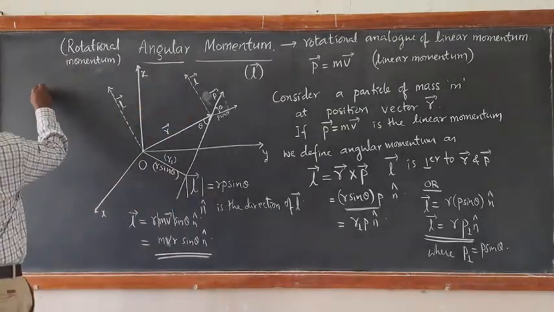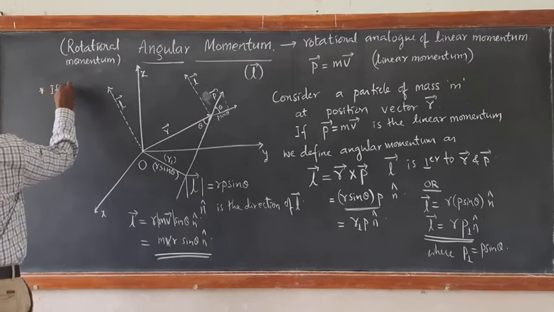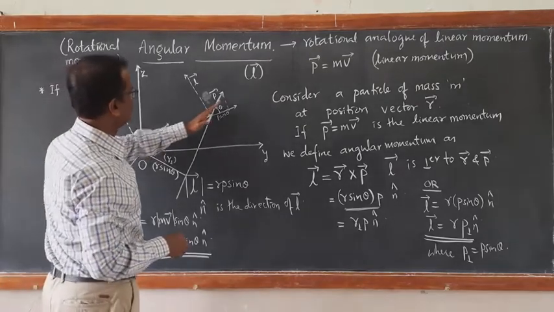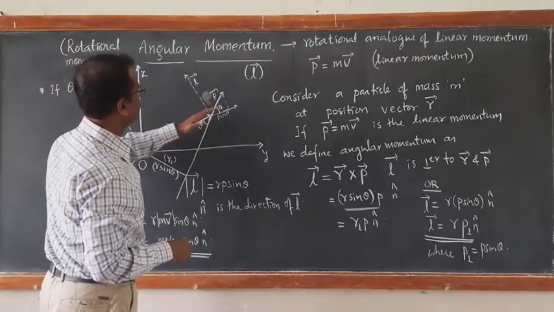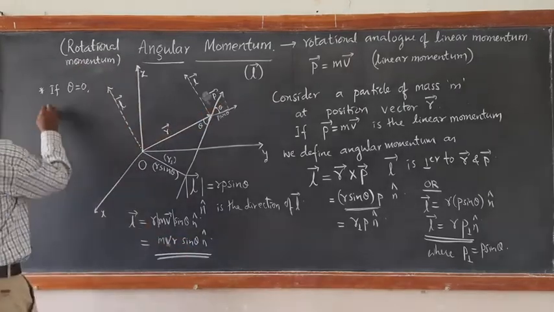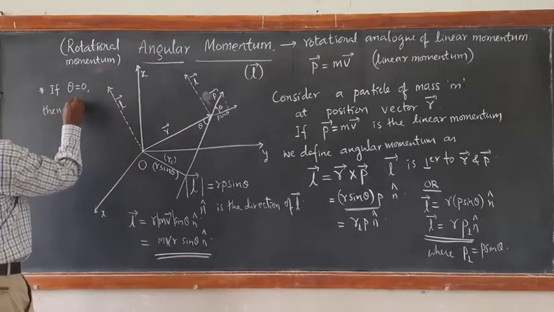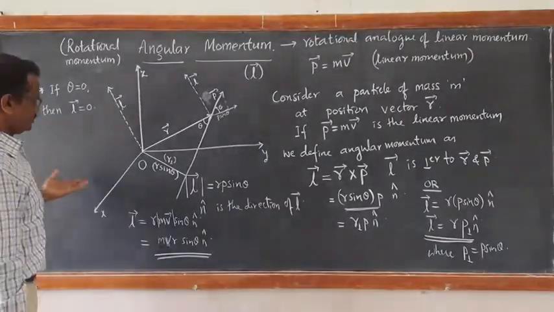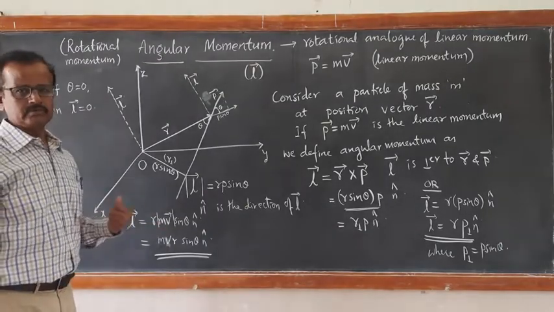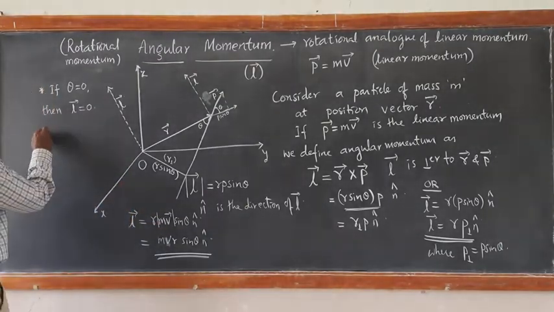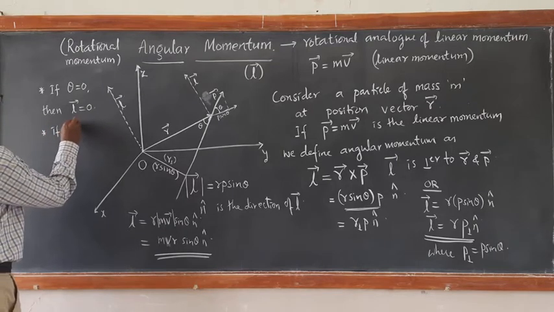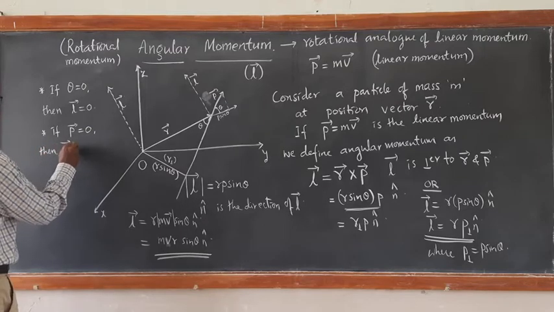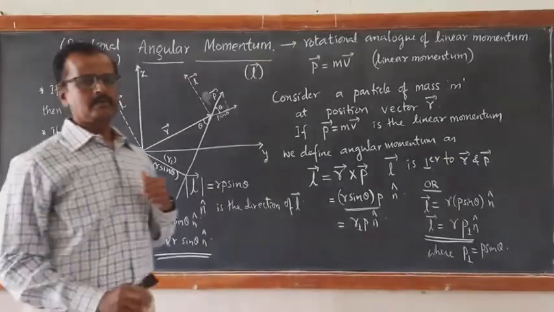If theta, the angle between the r vector and the p vector, is 0, then angular momentum L is 0. Second case, if the velocity of a particle is 0 or the momentum of the particle is 0, then also angular momentum is 0. So these are the cases.